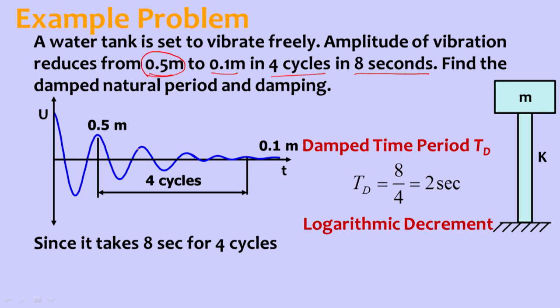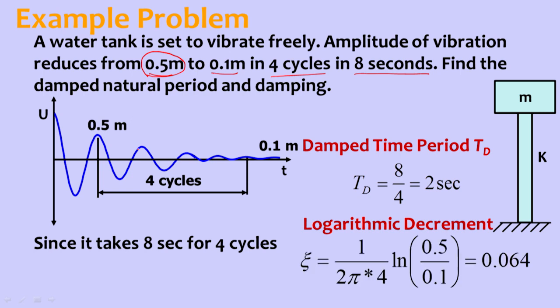And we need to find out the damping now. So how can we find the damping? We already know the logarithmic decrement, delta is equal to 2 pi zeta, but this delta is for one cycle. So we have from here to here cycle 1, here to here cycle 2, here to here cycle 3, and here to here cycle 4.